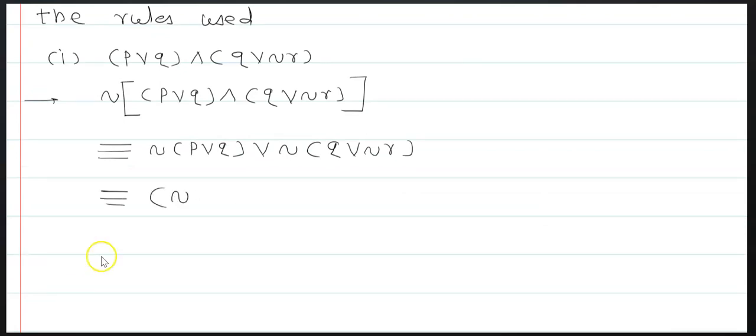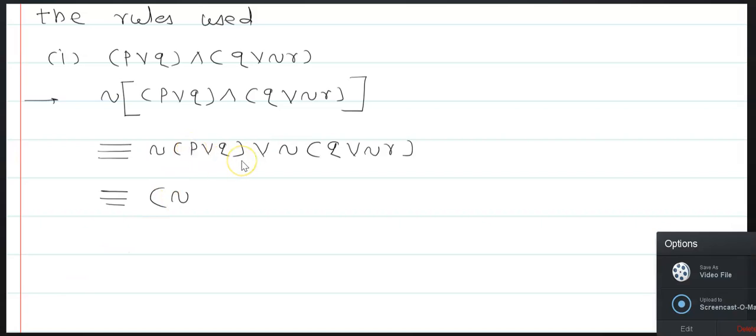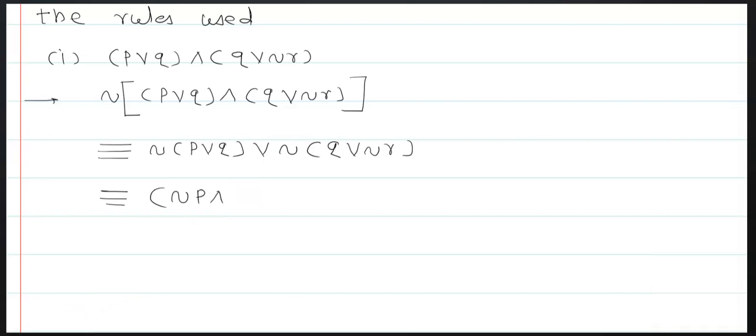Now we apply the negation to P or Q. Then what is the negation? Negation of P and negation of Q. This is the first. Next, negation of Q and negation of negation R, that is the original statement.